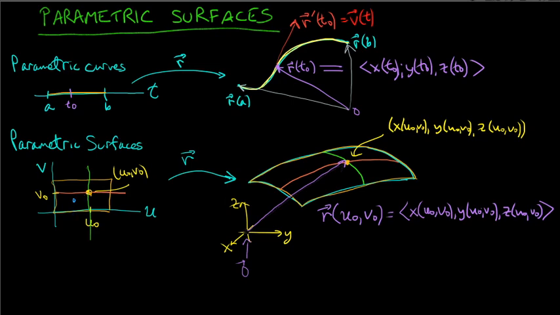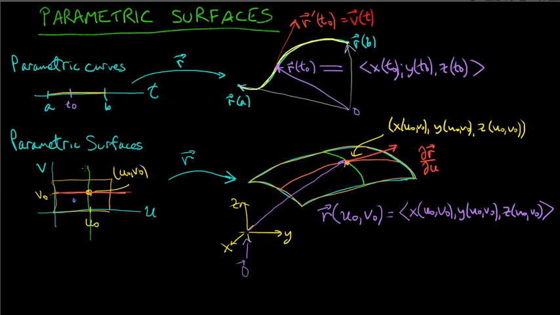Now I want to talk about the tangent vectors. So if we have this red curve, and I take the partial derivative of r as a vector with respect to u, with v constant, because u varies along the red line here, we get a tangent vector, something like this.